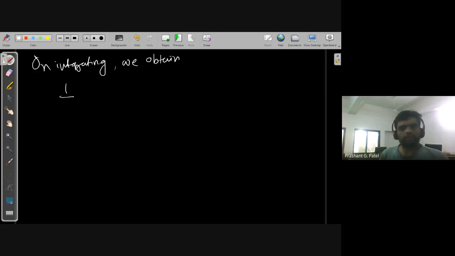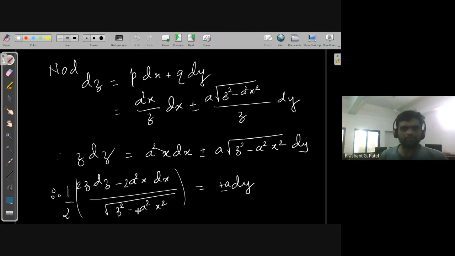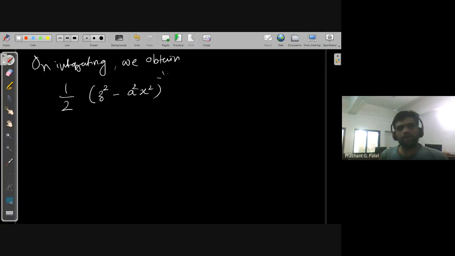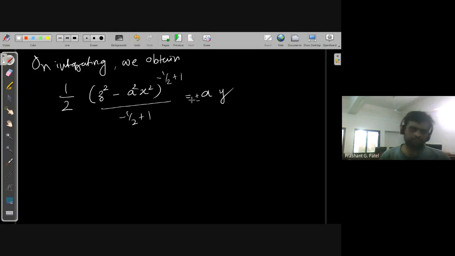So we'll have 1 by 2 z square minus a square x square that we have raised to minus 1 by 2 plus 1 upon minus 1 by 2 plus 1 is equal to, on the other side, plus or minus ay. This 1 by 2 will get cancelled with this, and plus b is already there.